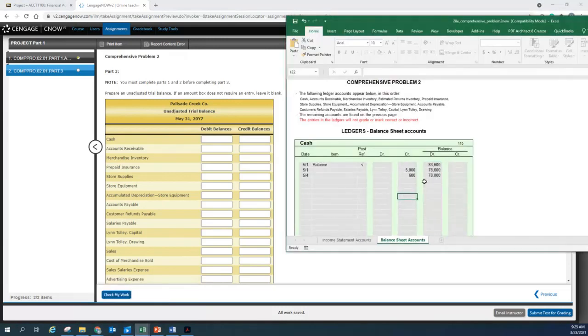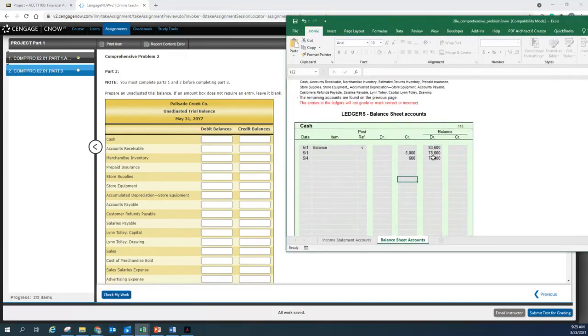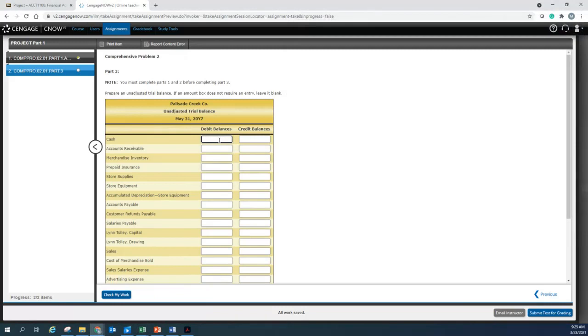From your ledger right here. It's not going to be the 78,000 because you're going to have more transactions, and whatever that number ends up being, you're going to take that number and populate it here. Let's say if it was 200,000 from your ledger in the Excel spreadsheet, as an example only, then that's what you populate it with.